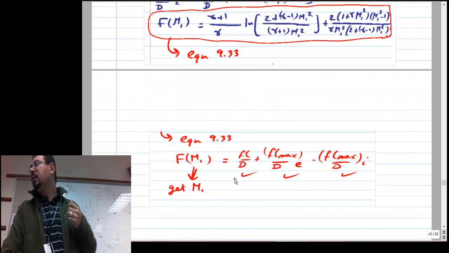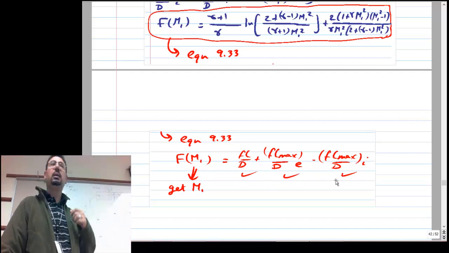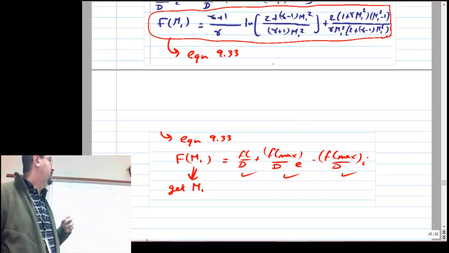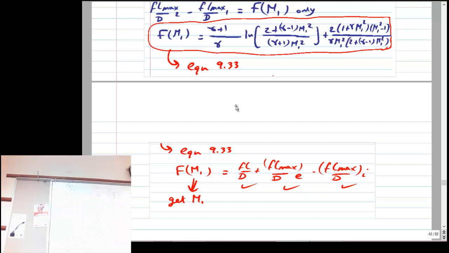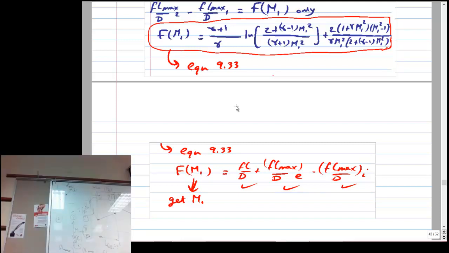It's also this. So it's FL over D plus FL max over D at E minus FL max over D at 1. So this is how you solve with minimal iteration, you can basically get M1. So again, we will have a graph for this, okay? And make 3060 students do this for you.